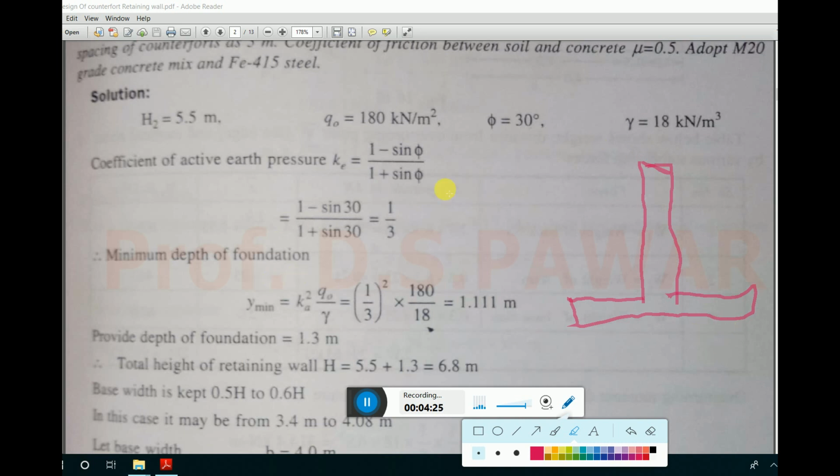Here the H they have given always, in exam also, is H2. H2 is this side.